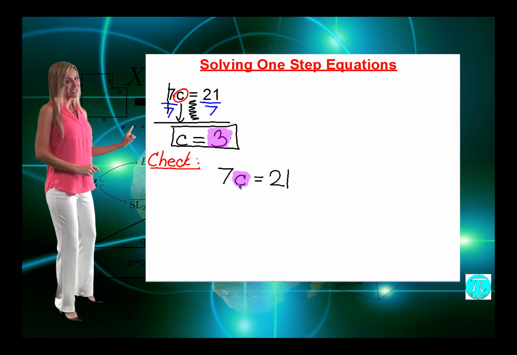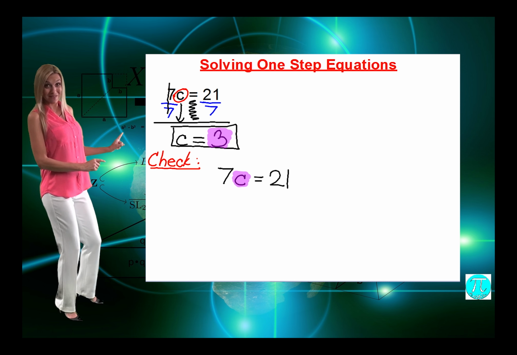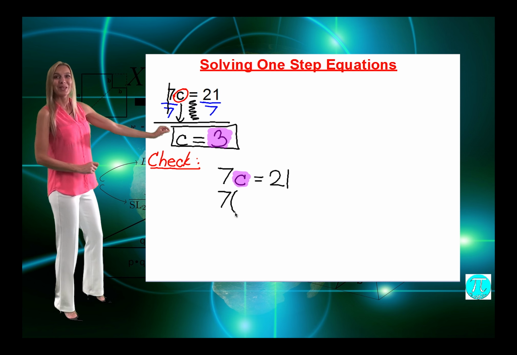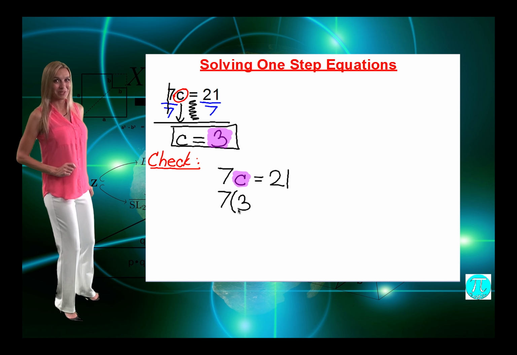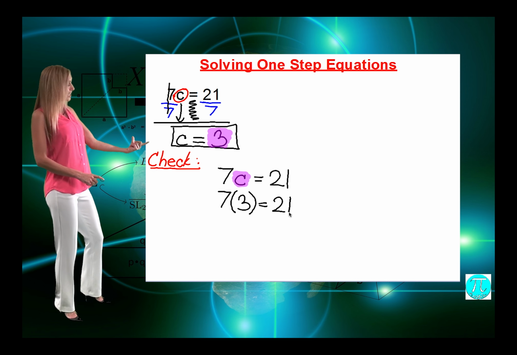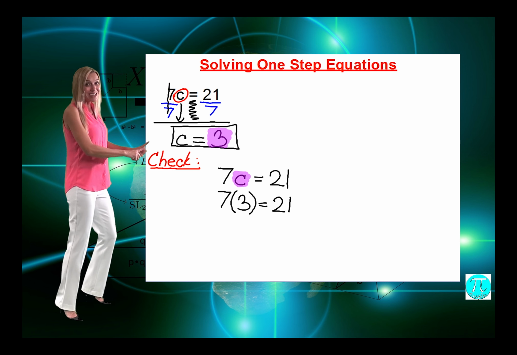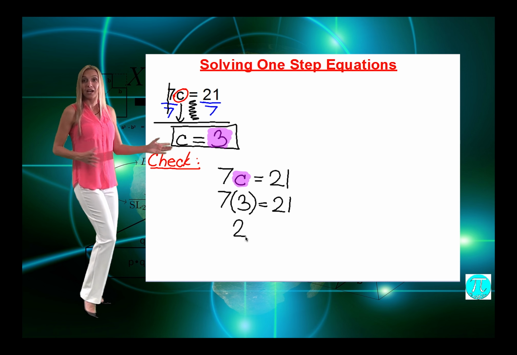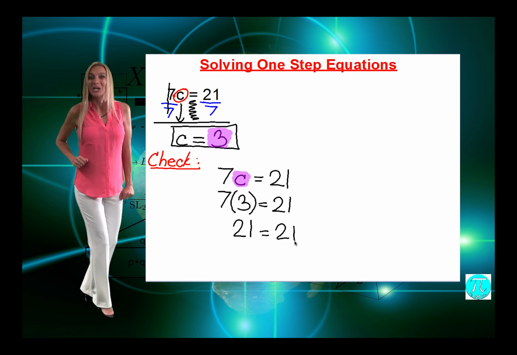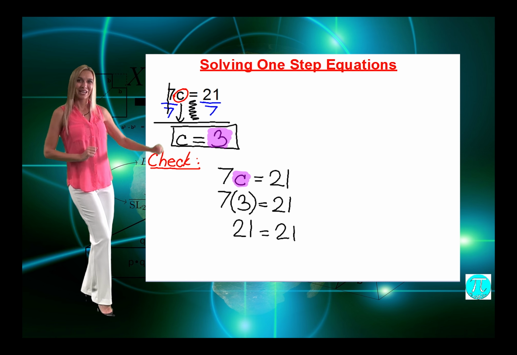We have 7 times 3 equals 21. If we multiply 7 and 3, we indeed get 21. And guess what? 21 and 21 on the other side. Our equation is in balance, right? Both sides do indeed equal each other.